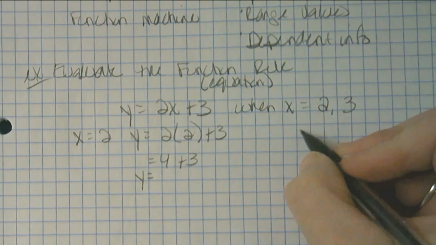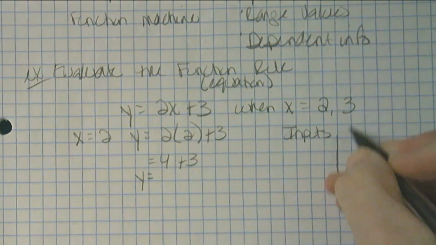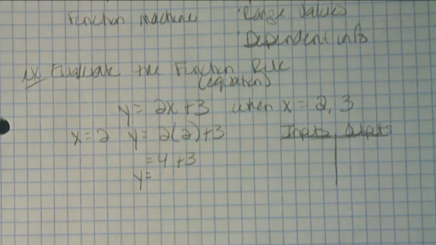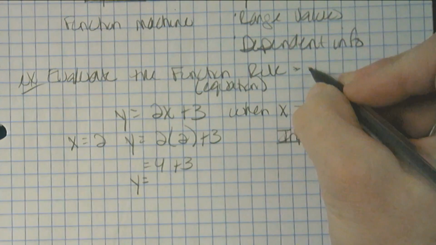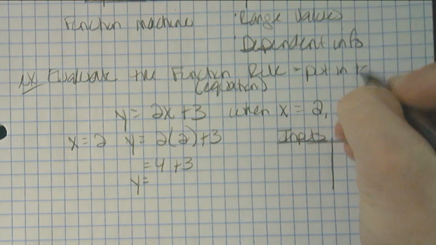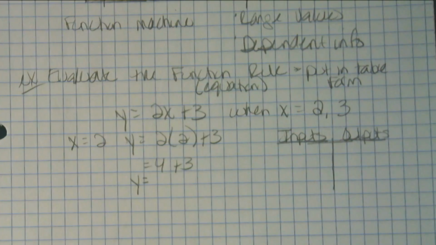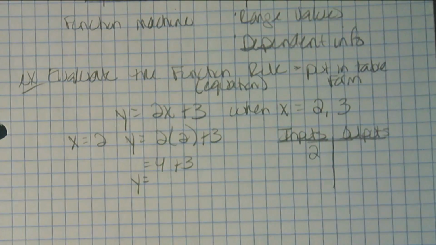So I'm going to make a table of values over here with our inputs and our outputs. Now you don't have to do a table unless they ask you to, but I'm going to have us do this in table form. Evaluate the function rule, put in table form. So when I put an x in for my input, what do I get for my output?